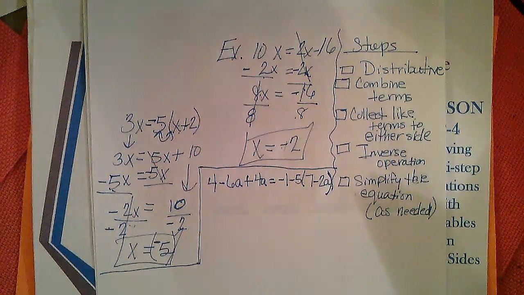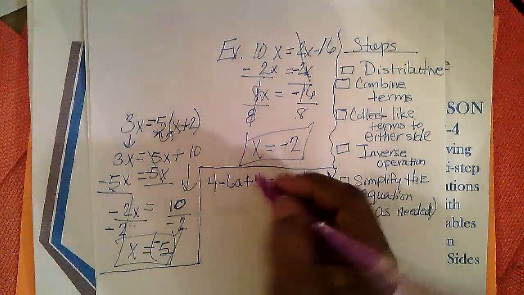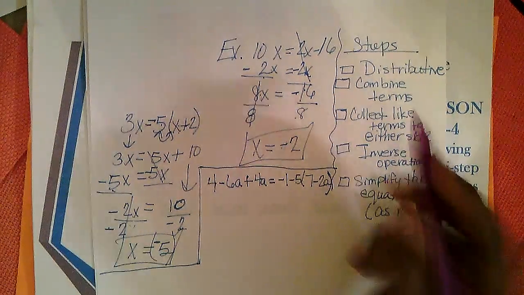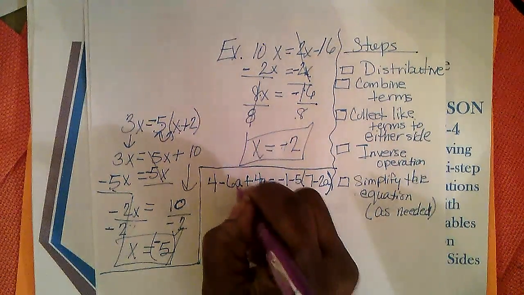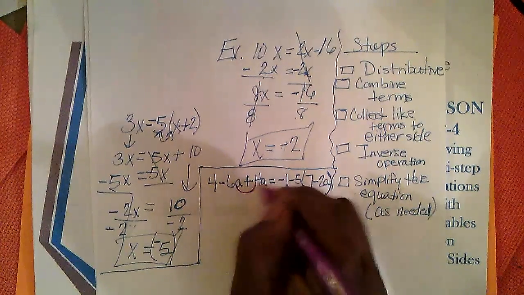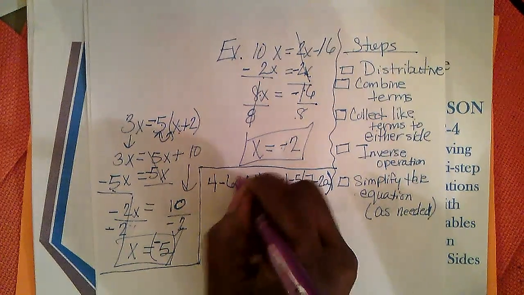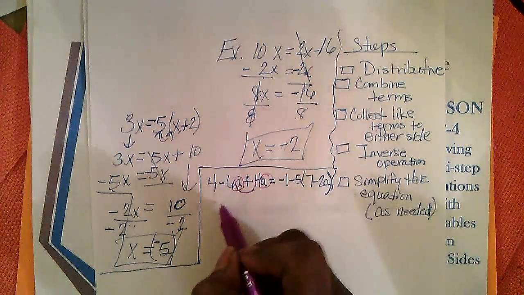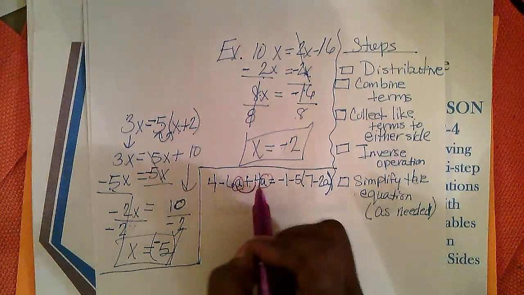All right, here's another example. Looking at this, I'm going to identify and combine like terms. By like terms I mean A and A, those are alike. So I have negative 6A plus 4A.